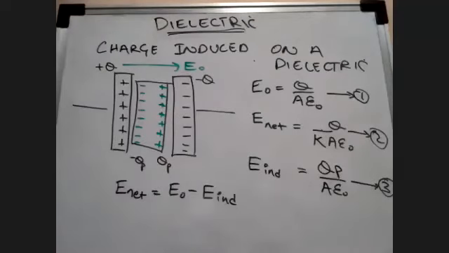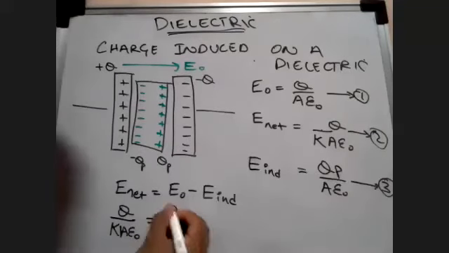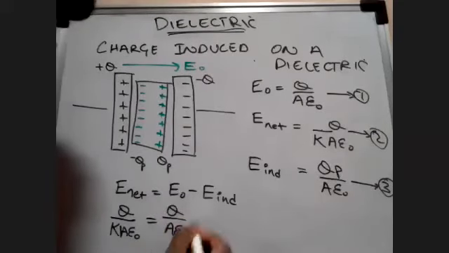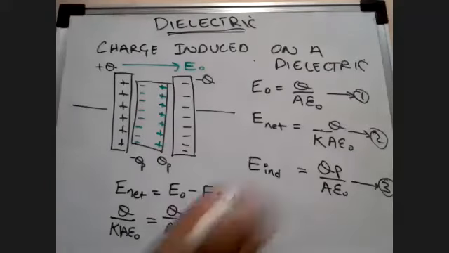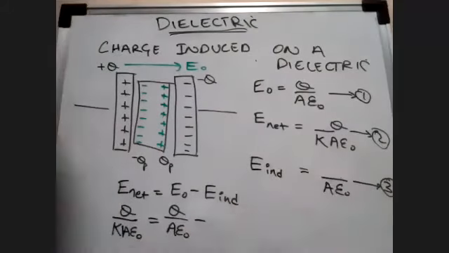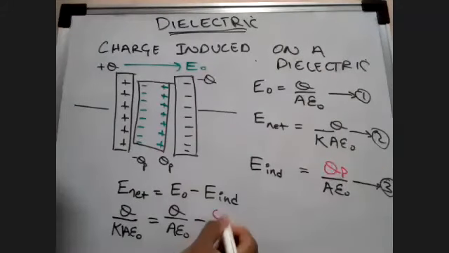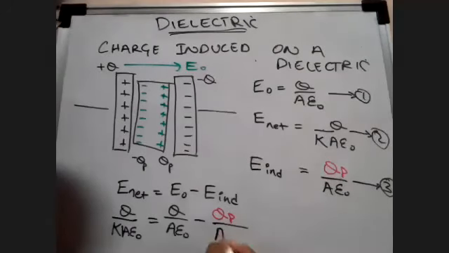Yes or no? So if I substitute the net electric field, what will I get? Q upon K A epsilon naught equals E naught, which is Q upon A epsilon naught, minus E induced, which is QP upon A epsilon naught.